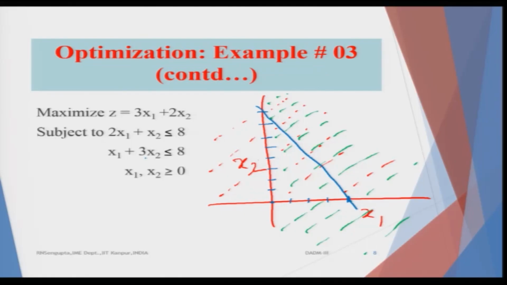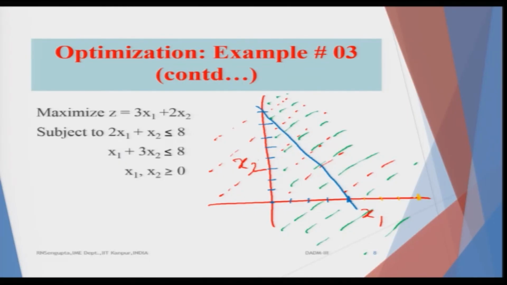Finally, when I plot the third one, let me use the color orange. When x2 is 0, x1 is 8; and when x1 is 0, x2 is 8 by 3.